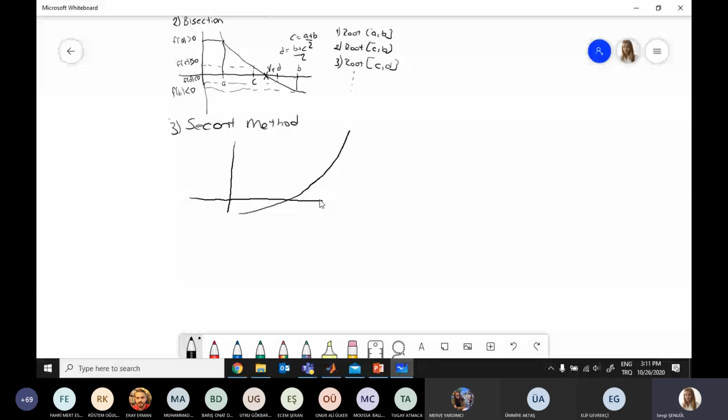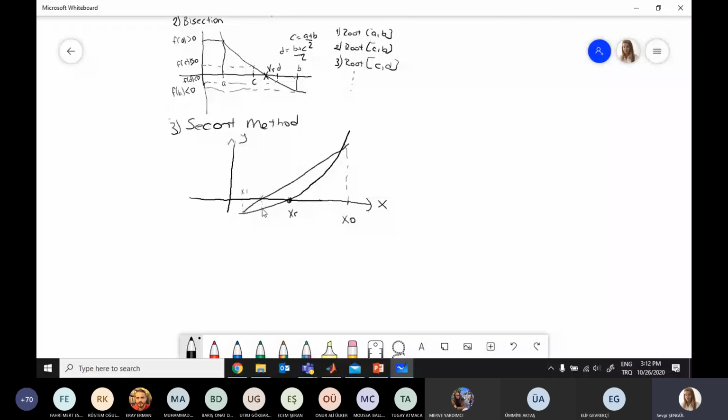I will ask you to explain this to me, okay? You can plot it in a better way. For this method, as you know, we needed again two starting points, x0 and let's say x1. Between this x0 and x1, you are defining the secant line, right? Wherever the secant line passes the x-axis, this is your xr, real.